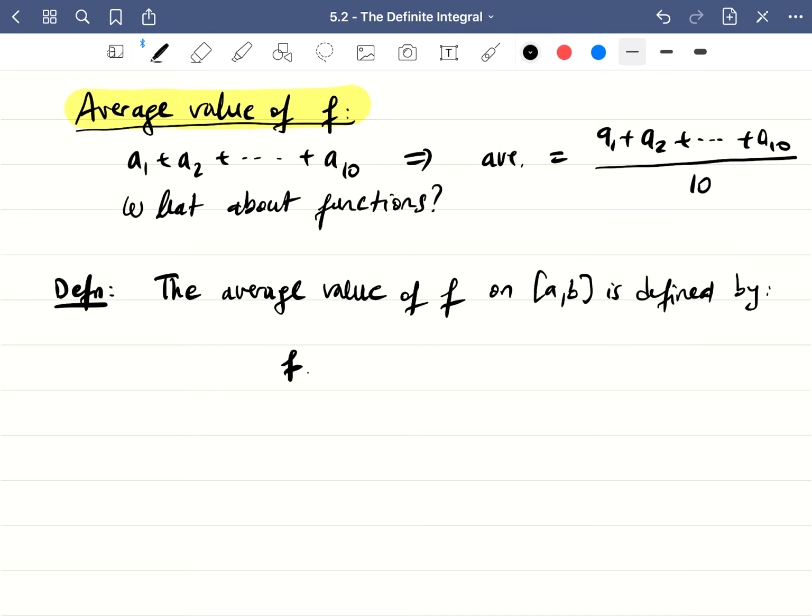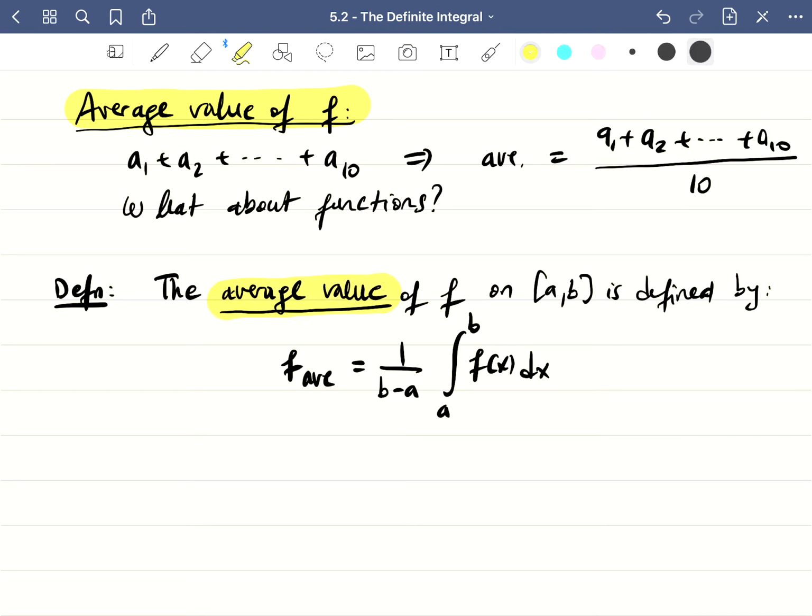So f average is equal to the integral from a to b of the function dx, and then you have to divide by the length of the interval, which is b minus a. So that's it. The average value of the function is given by an integral divided by some number.